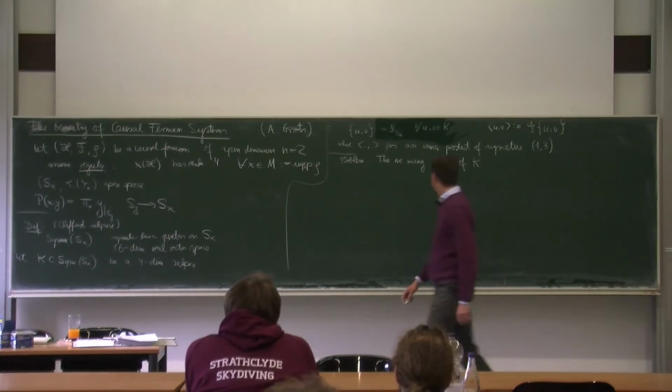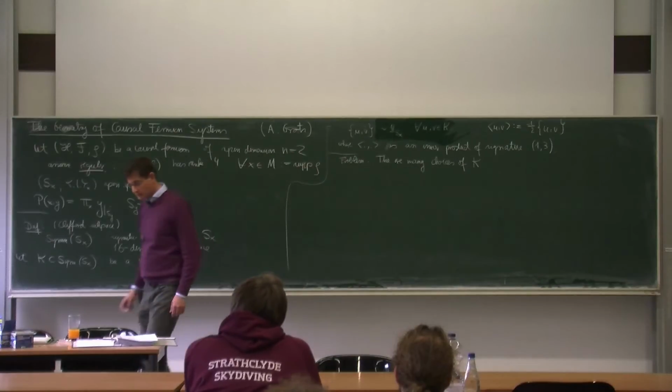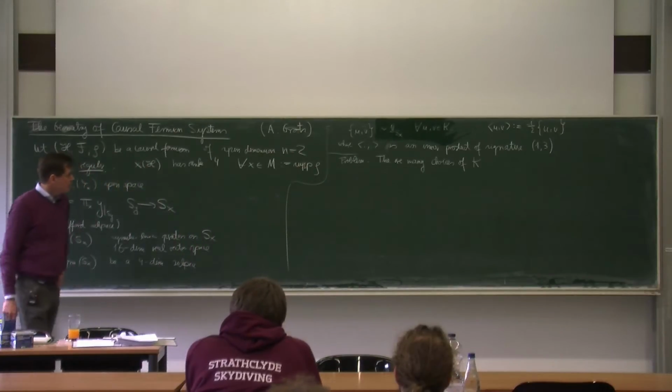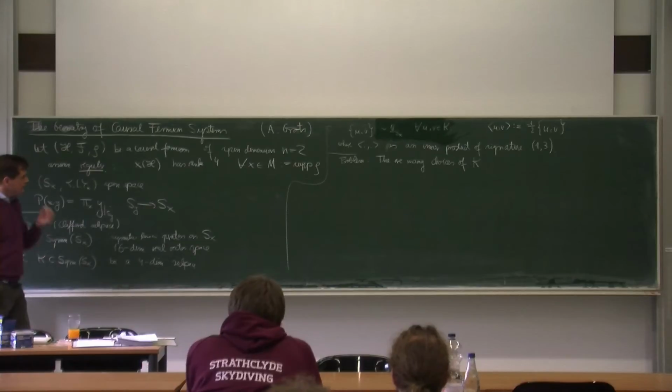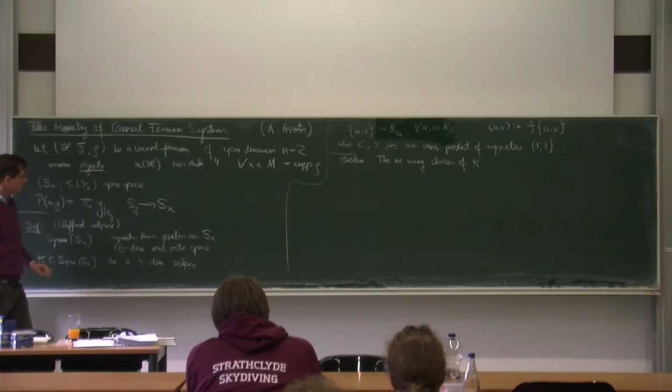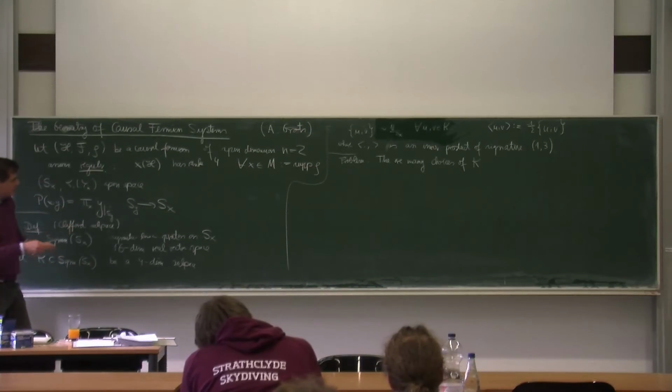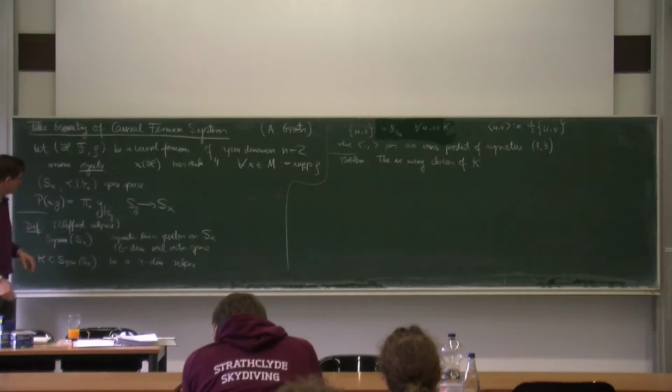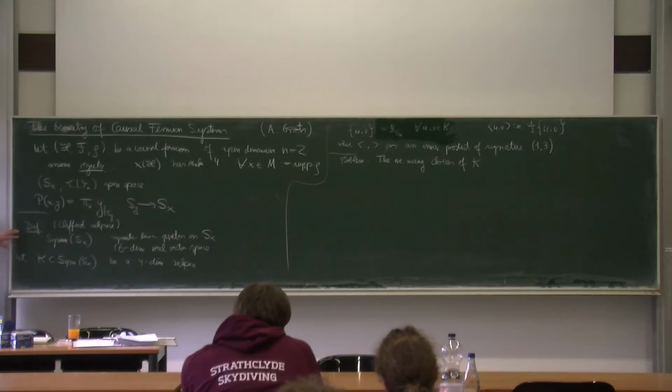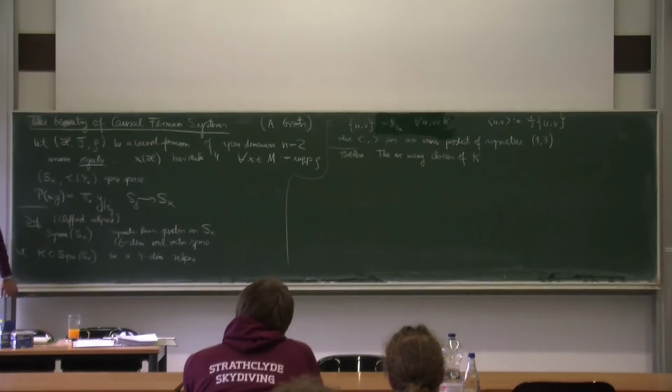Okay, and the problem is there are many choices of K, so what can we do here? The strategy is, first of all, to try to find a smaller class of such Clifford subspaces, so try to fix the freedom partially.